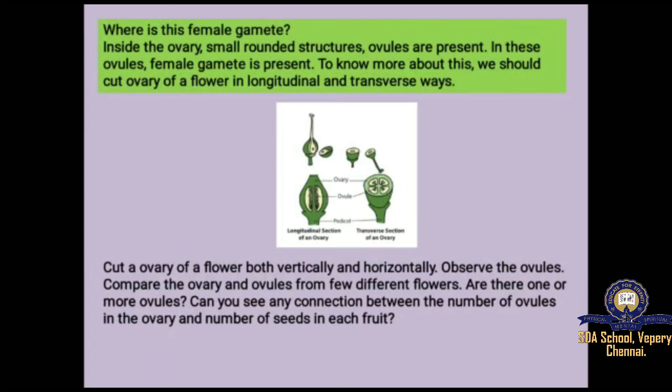So, cut the ovary of a flower both vertically and horizontally. Observe the ovules. Compare the ovary and ovules from a few different flowers. Are there one or more ovules? Can you see any connection between the number of ovules in the ovary and the number of seeds in each fruit? You can try this.